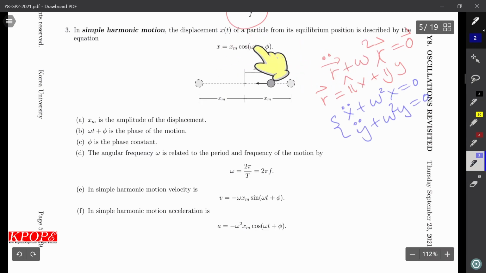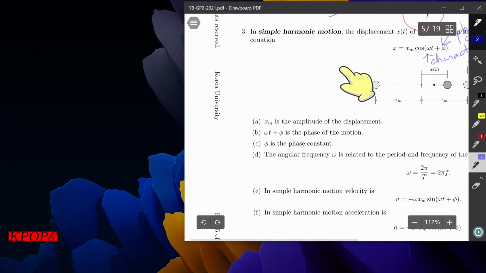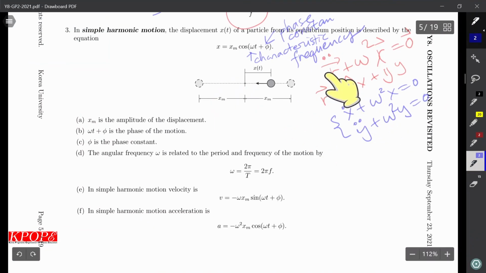We have frequency, characteristic frequency, phase constant, and amplitude.